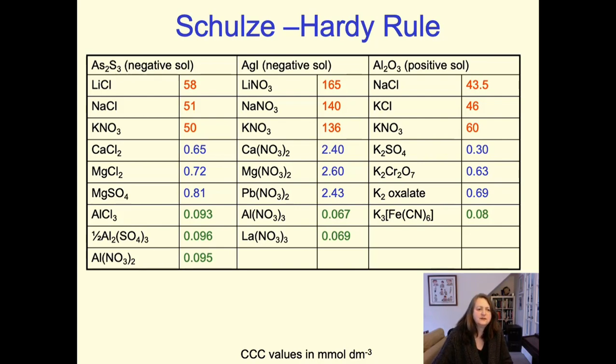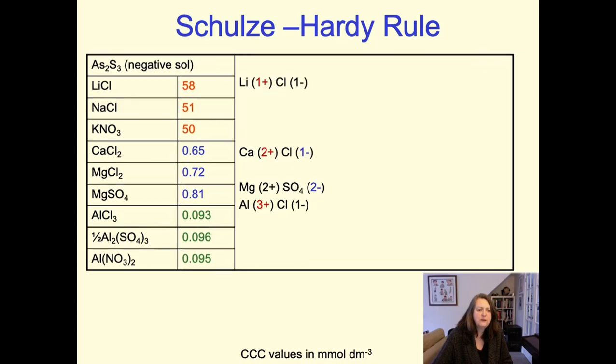So let's break that down a bit and look at this first one in a little bit more detail. So this first example here, you can see that there are different groups of electrolytes that need very different amounts in order to lead to some sort of aggregation, to lead to flocculation. In the first examples there, we have lithium chloride and sodium chloride, a salt that's made up of lithium or sodium, which is +1, and chloride ion, which is -1.